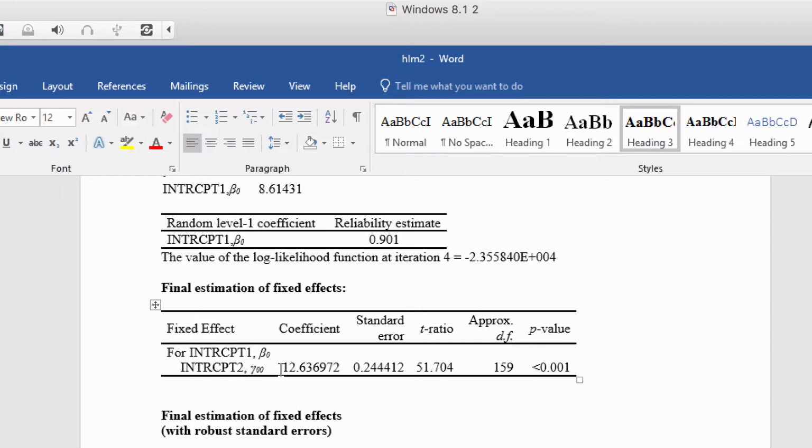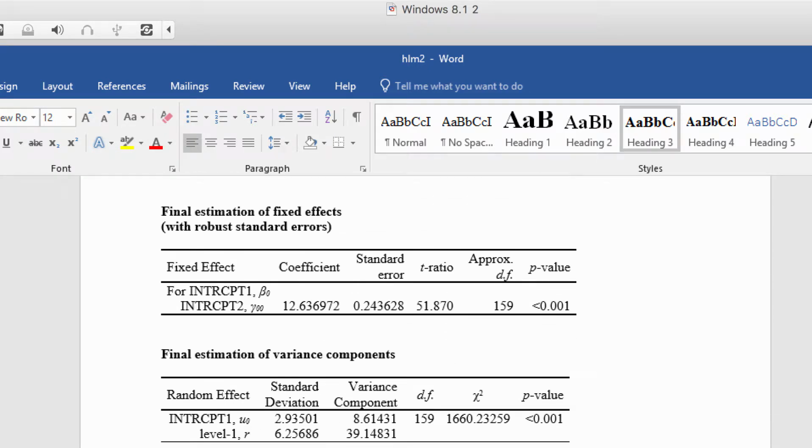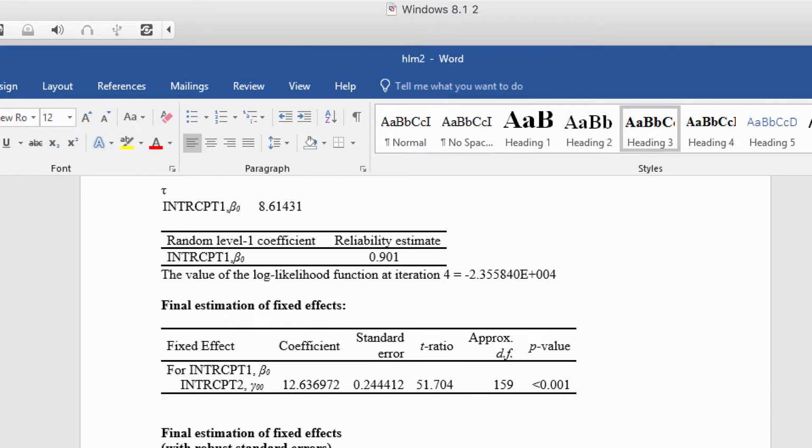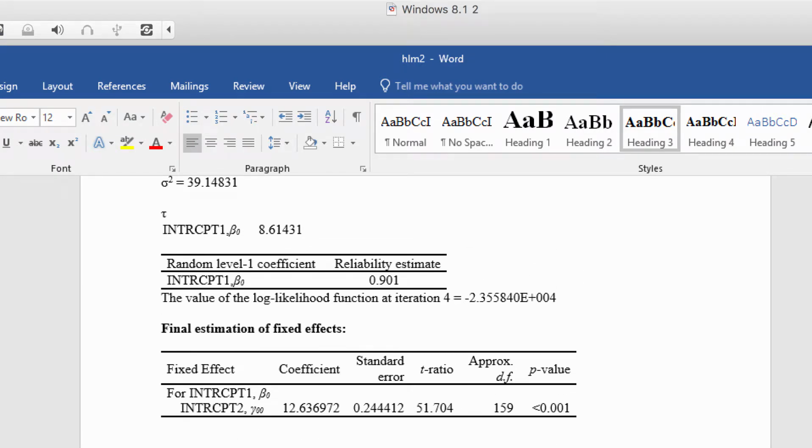We can see that the grand mean is 12.63, and this grand mean is across schools. And we also notice that we have a substantial, or significant, proportion of variability around that grand mean.